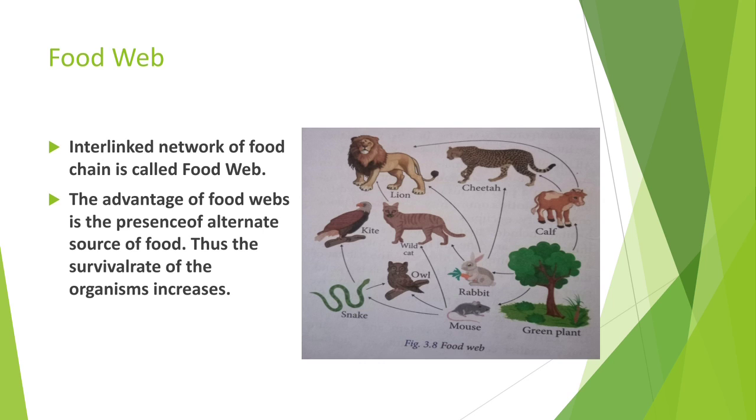So the food chains form an interlinked network. This is about food web. The food web consists of many food chains. In the food web, a number of food chains are present.